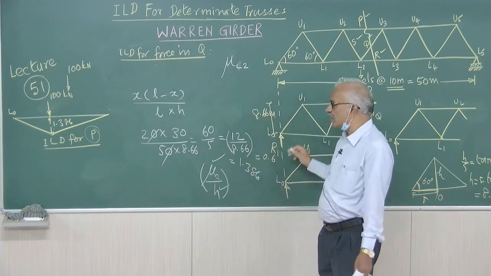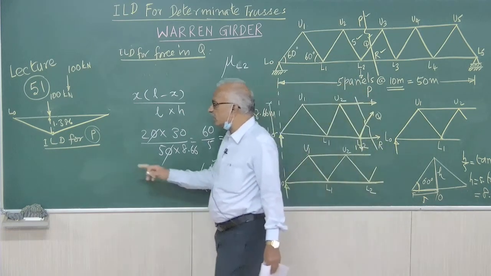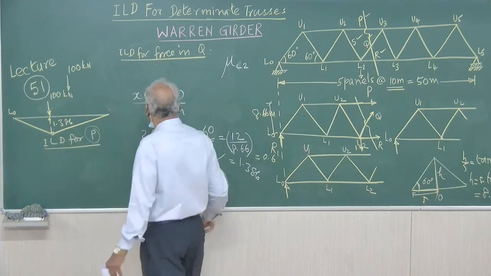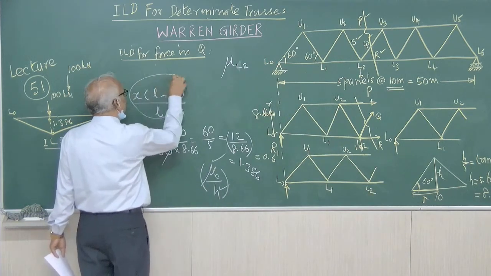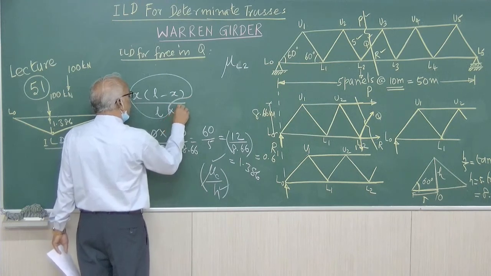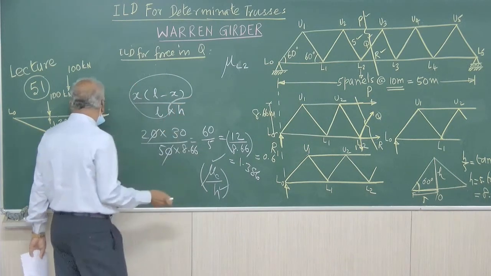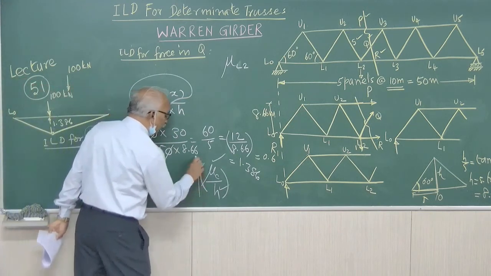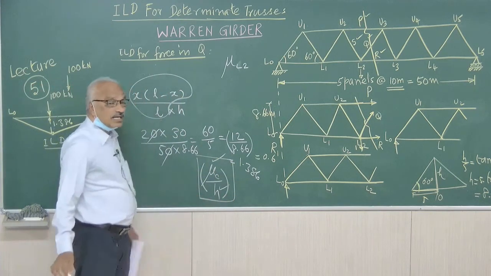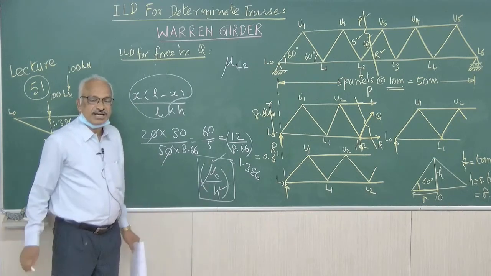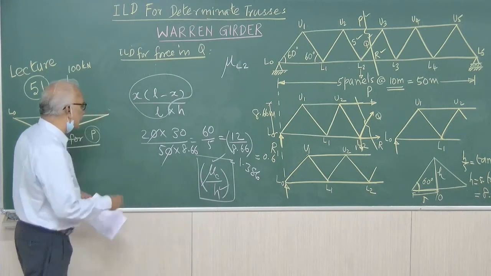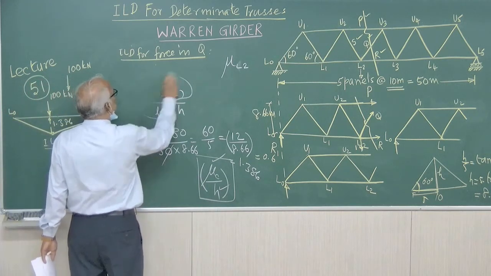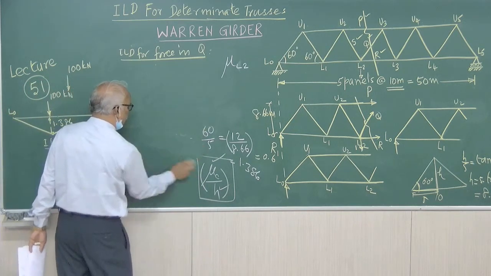After doing all calculations, to check whether 1.386 is correct or not, you can find out the value of x into L minus x by L as a simply supported beam, divide by the height of the truss, and that value will be the same. Therefore, on seeing this formula in the book, the viewers need not get confused. It is mu C by h only. So that I wanted to tell you in the last class, I forgot. At least now I have told you, right.